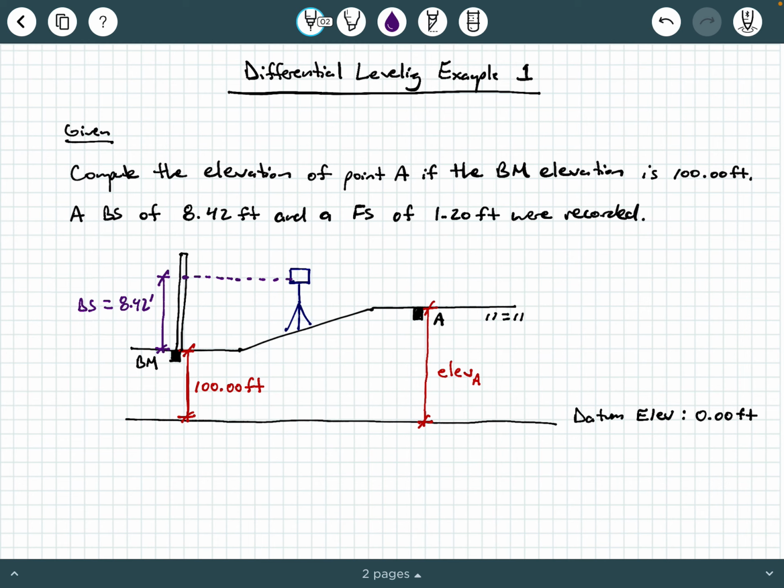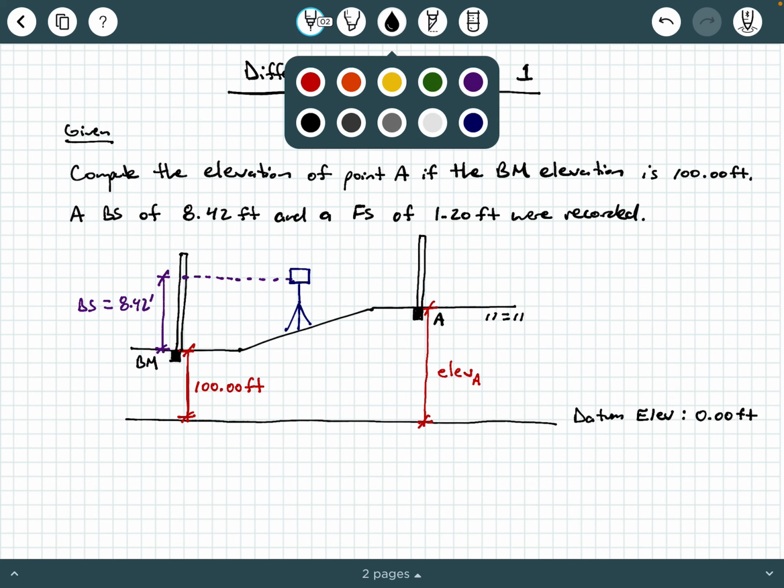Okay, and then after that's done, the rod person picks up the rod and moves it to the new point. So we're going to move this rod over to point A, and then the person standing at the instrument, called the instrument person, is going to swivel the auto level around and take a foresight.